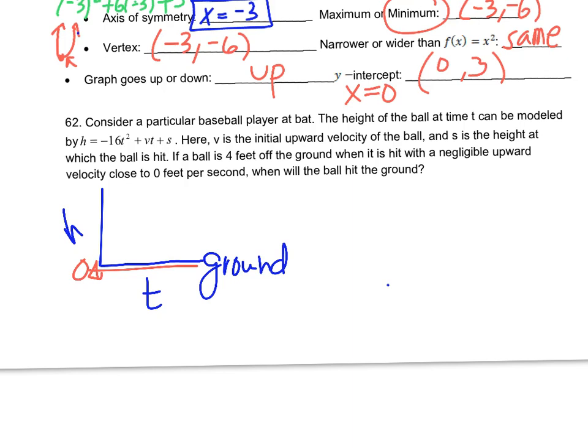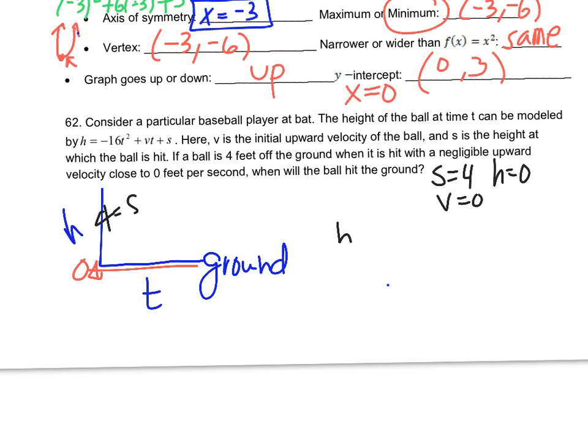Now the ball is starting at 4, which is your s, and then it's going to have a velocity of 0. So we know that s is 4, h is 0, and the last one, which is v, is also 0. So we're going to plug all these numbers in.